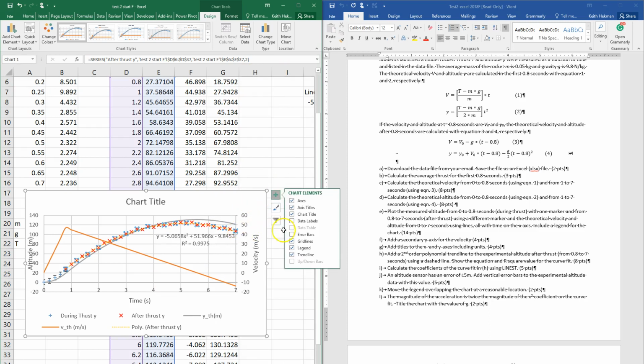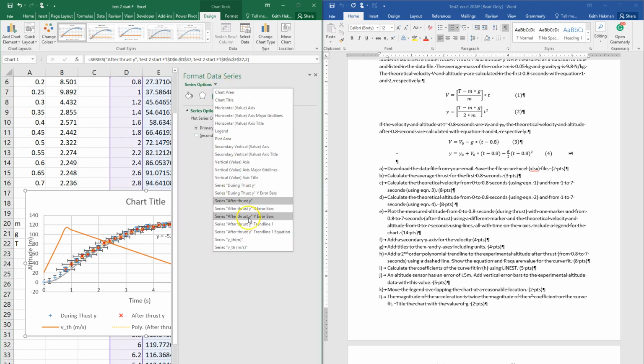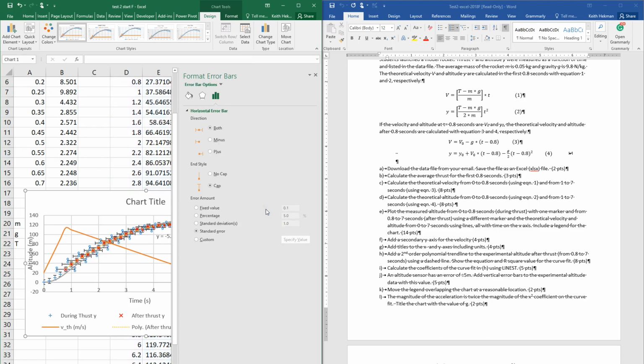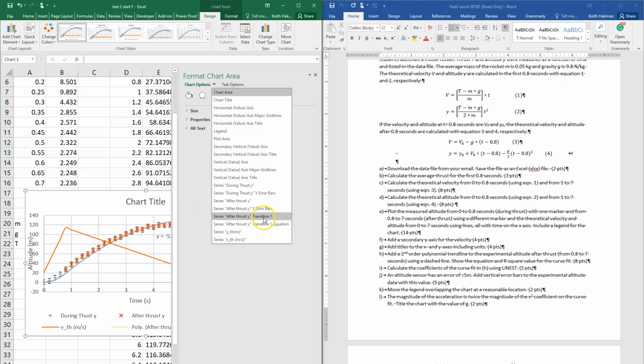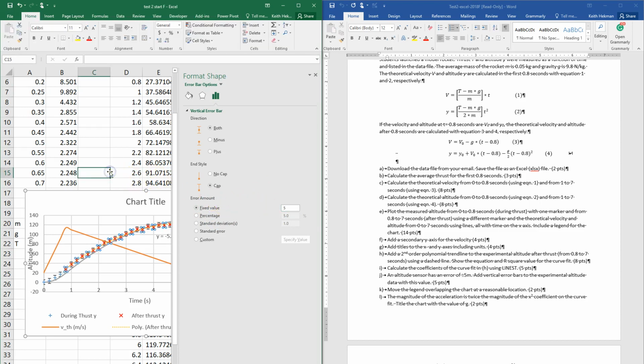We can add error bars. And then we can select the X error bars, delete, select Y error bars, and these are going to have a fixed value of 5 as well.